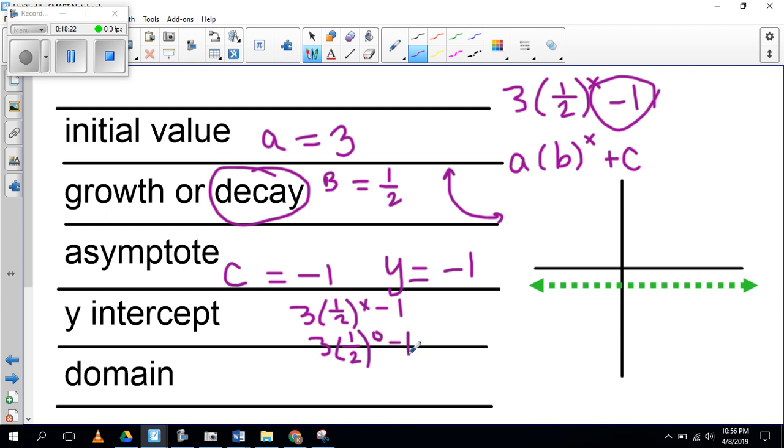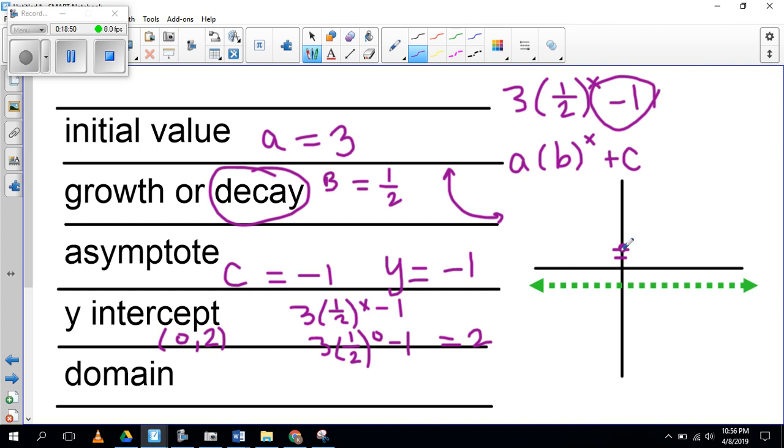So go ahead and plug that into your calculator. Remember, the 0 is an exponent, so you have to hit the caret key. And so we should get 2 for our answer. So we would write our y-intercept as 0, 2. So we don't go left or right any, we just go up 2. So if we go up 2, it will be here.